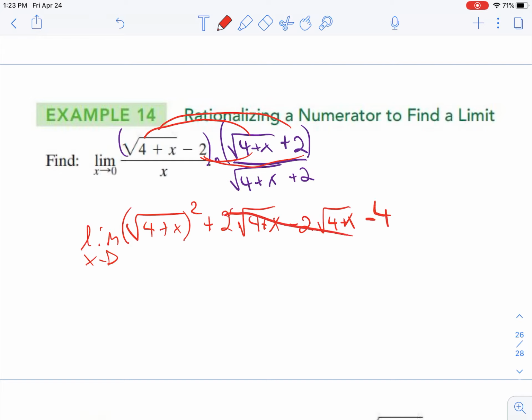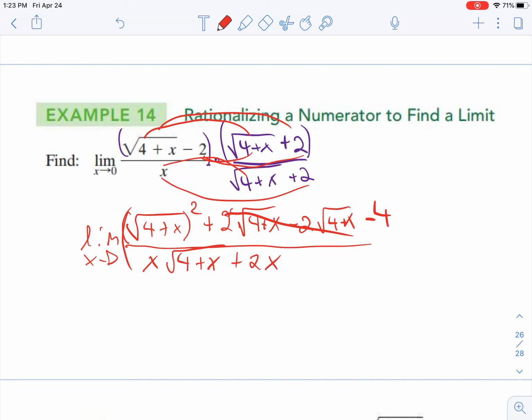And what you guys should notice here is these cancel. On the bottom, when we're taking this and dividing, we're going to have x times that, and then we're going to have 2x. So we're going to have x square root of 4 plus x plus 2x. Or we can leave it out where we have our x in the front.